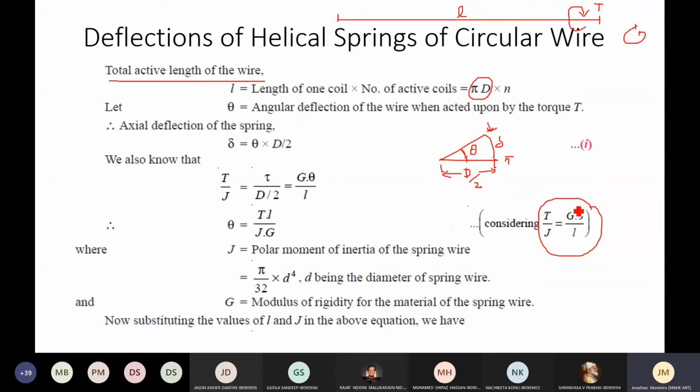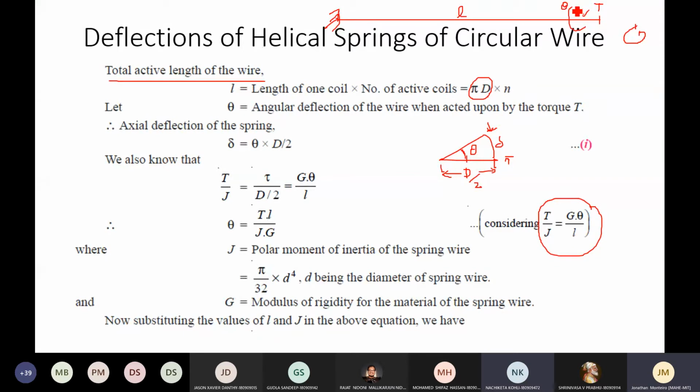What we are trying to understand here is the deflection of the wire, theta. As I told you, you are considering it as a torsional deflection. So you are holding the wire at one end, you are turning it by a twisting moment, and we are finding out what this theta is. Got it?